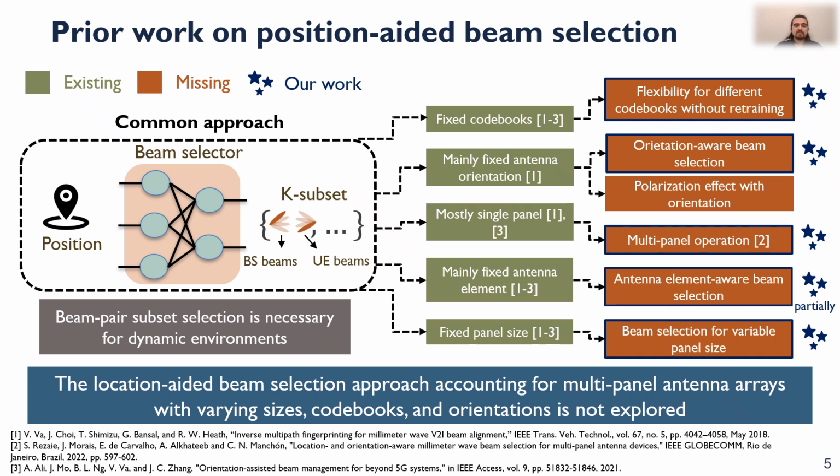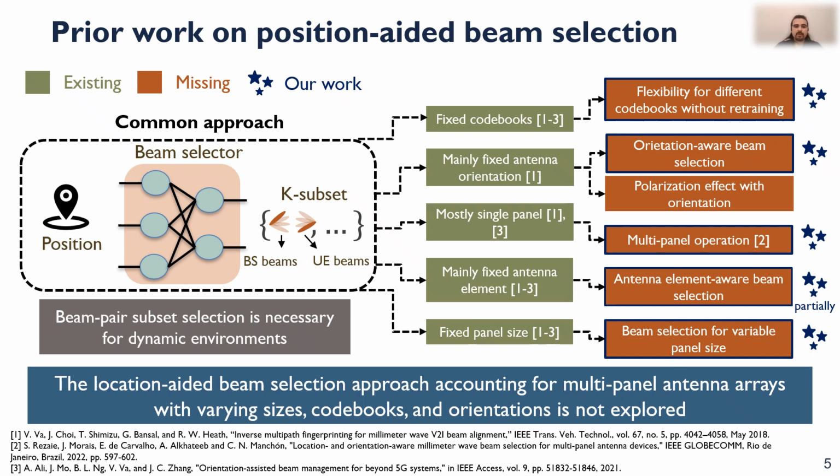A beam pair subset is selected for dynamic environments because for a given position, there might be another vehicle or another obstacle where the beam can change. So selecting a subset is necessary for such dynamic environments.